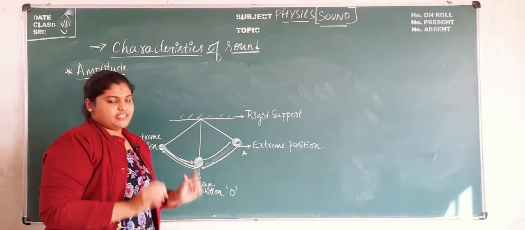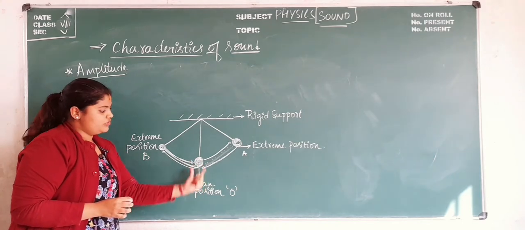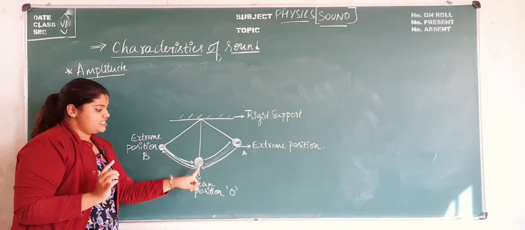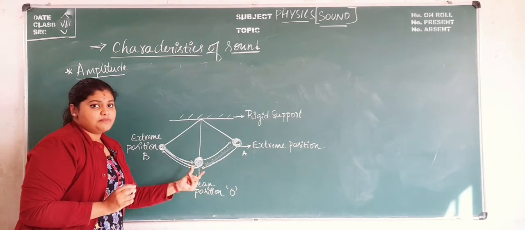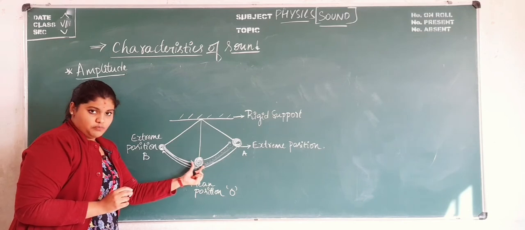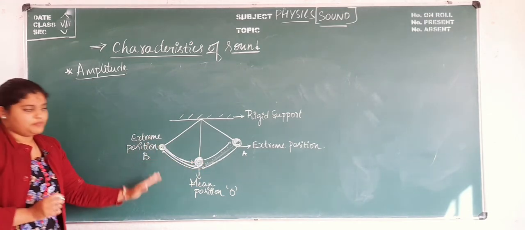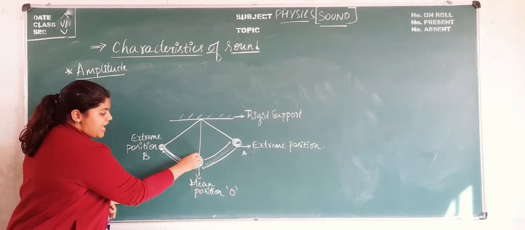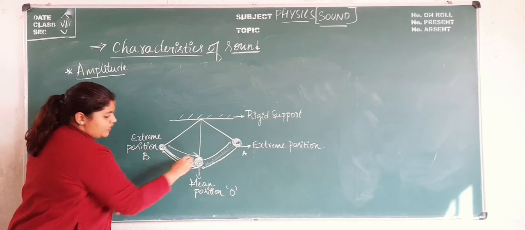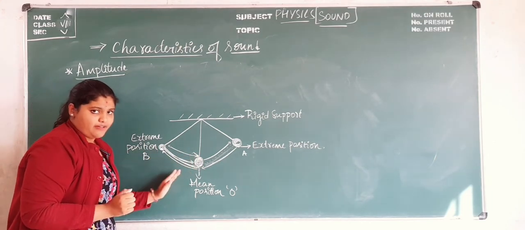Amplitude is nothing but the maximum distance between the mean position and extreme position. Here the bob was at mean position, that is initial position, O. If we consider this as extreme position B, the maximum distance between the mean position and extreme position is called amplitude.